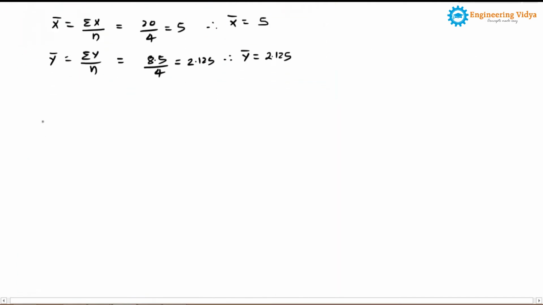To calculate byx, the formula is already known to us: summation of x into y, minus summation of x times summation of y divided by n, and at last, in the denominator, summation of x square minus summation of x whole square upon n. Now we're going to put these values over here.